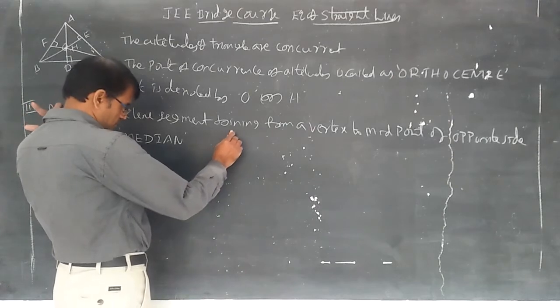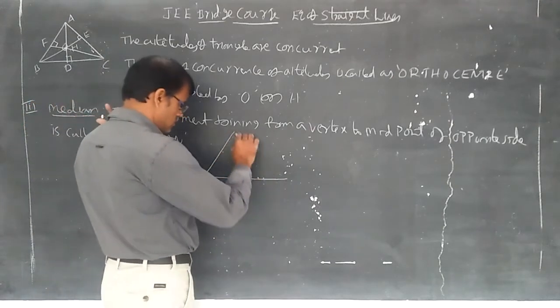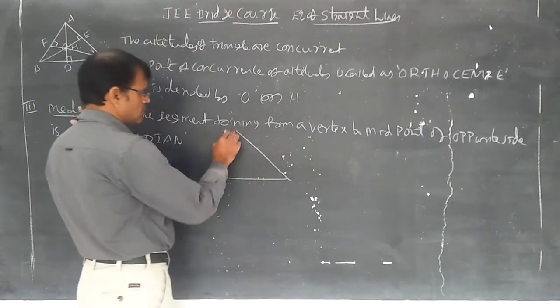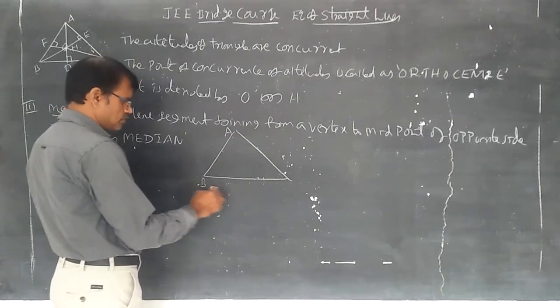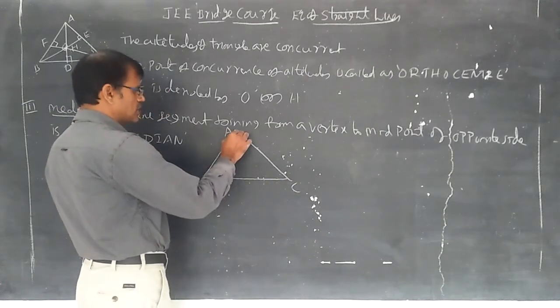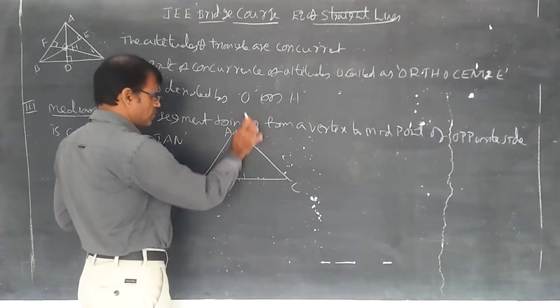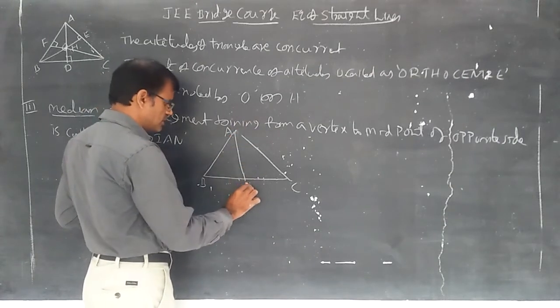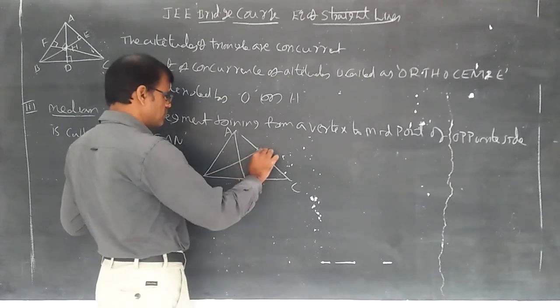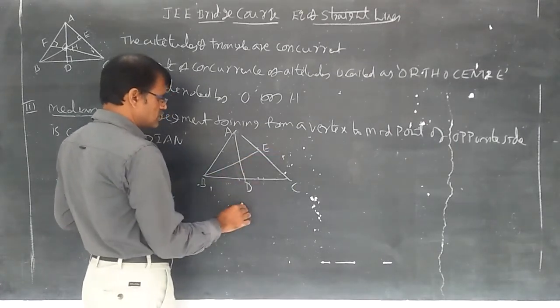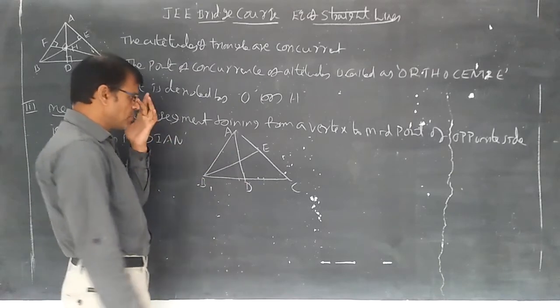Now you can understand. Draw the triangle. Put ABC. The line segment joining from a vertex to the midpoint, not perpendicular. Simply draw like this. D like this. This is E. This is the midpoint. D is the midpoint.